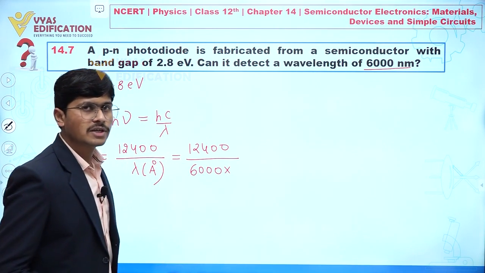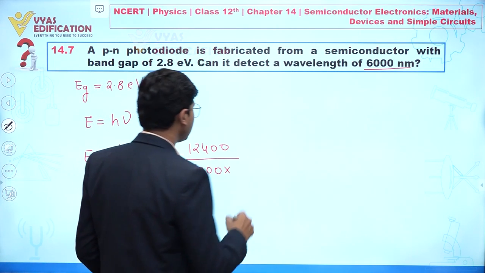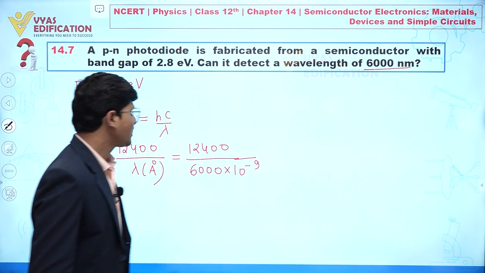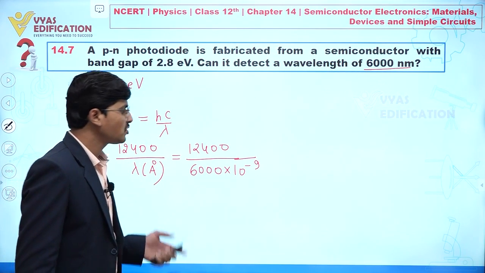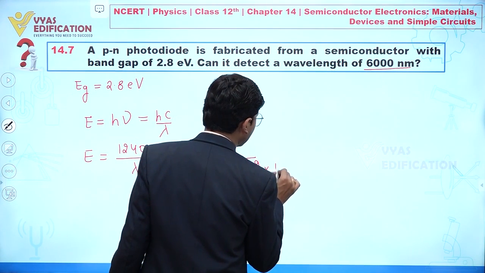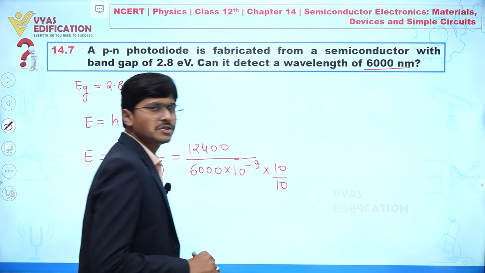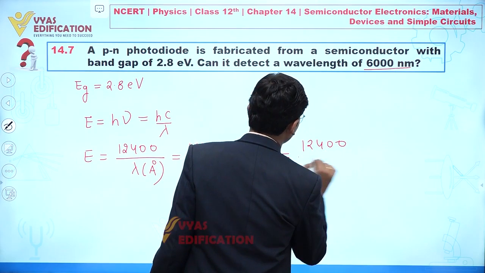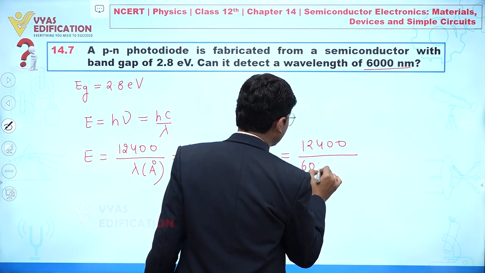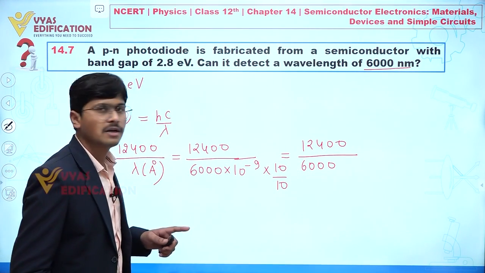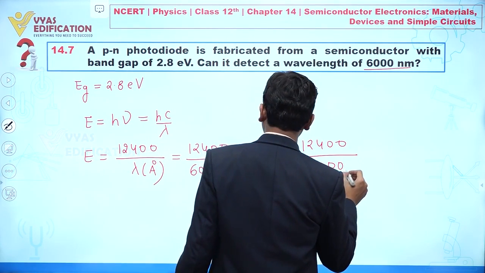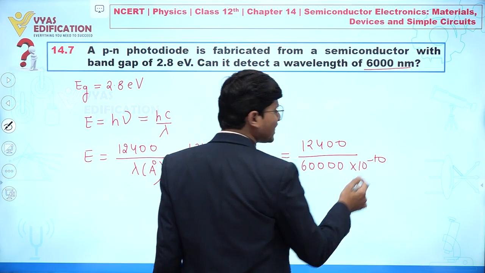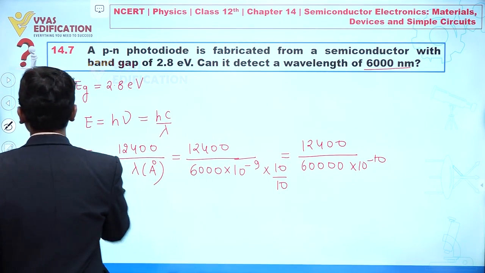6000 nanometer, where nanometer means 10 to the power minus 9. But we have to put this value in angstrom, so we divide by 10 and multiply by 10. So we can write 12400 divided by 6000 times 10 to the power minus 10 meter, and 10 to the power minus 10 meter is equal to 1 angstrom.